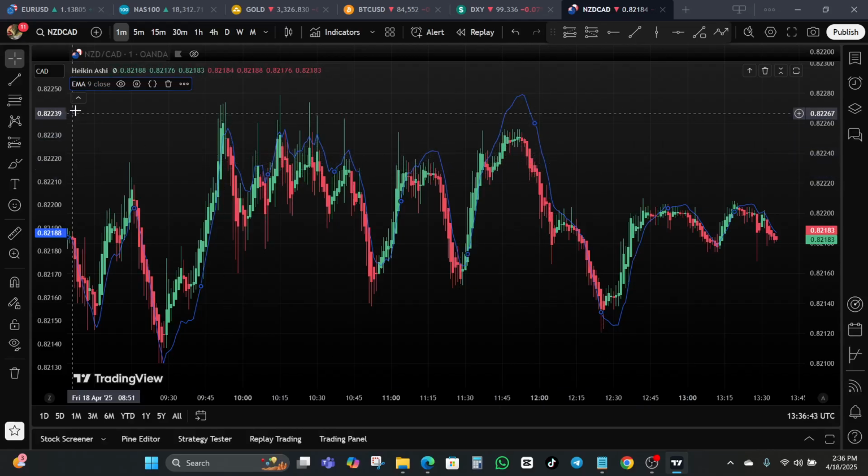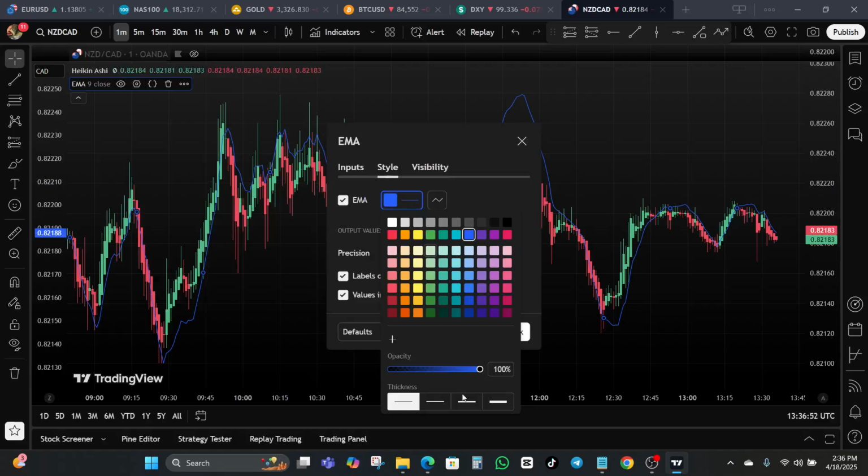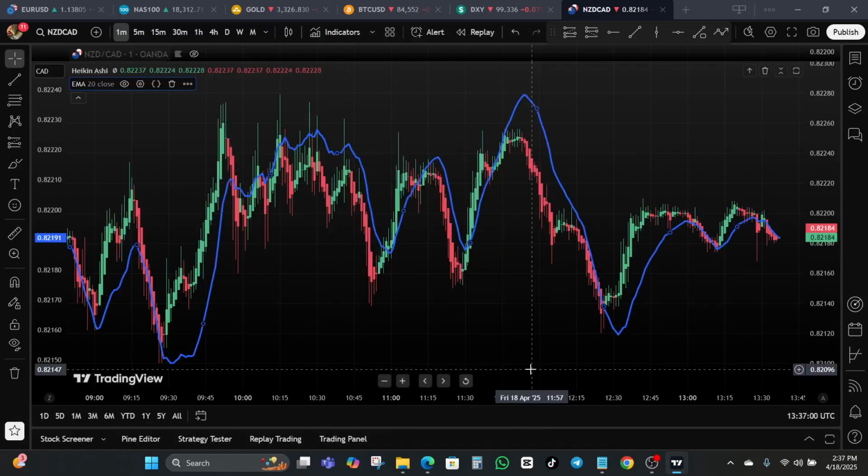I am just going to make the EMA thicker, and change the inputs to 20. So this is the 20 period EMA.